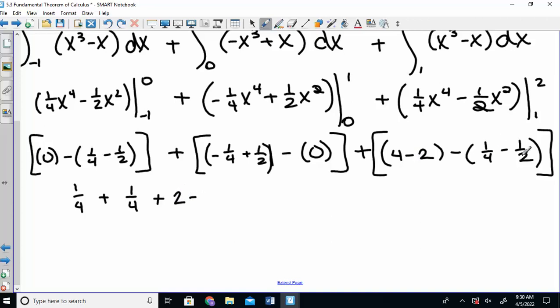Here we get 2 minus 1/4 minus 1/2 is -1/4, so minus negative would be positive 1/4. So 2, that's like 8/4, so we get 11/4. See, no calculator needed. We can do this.